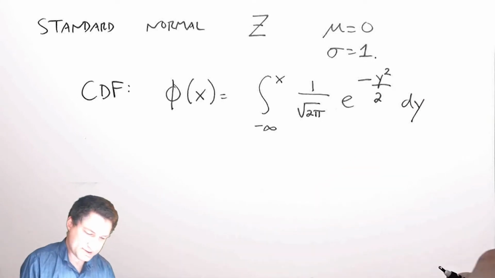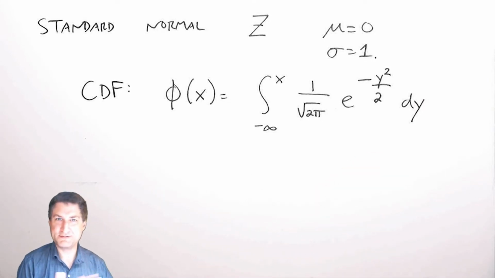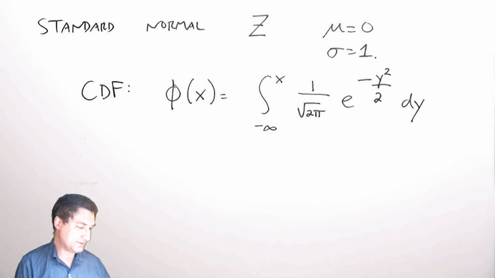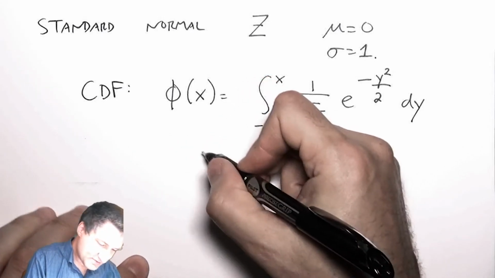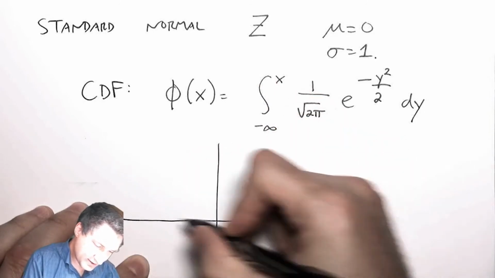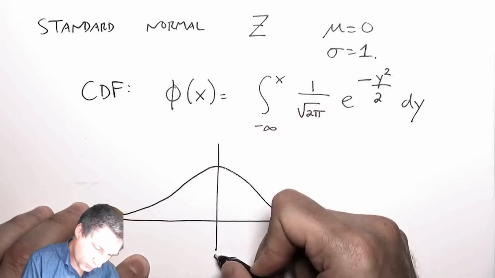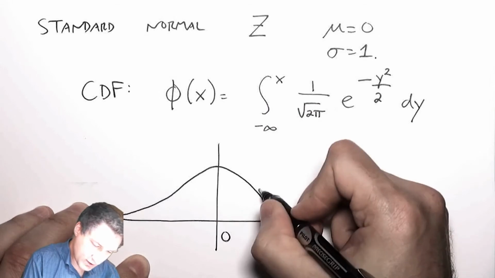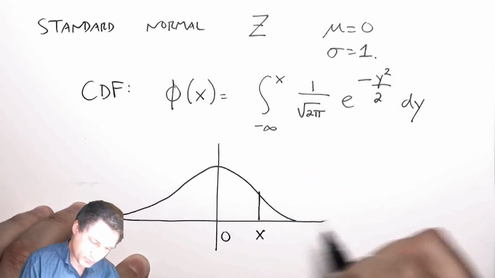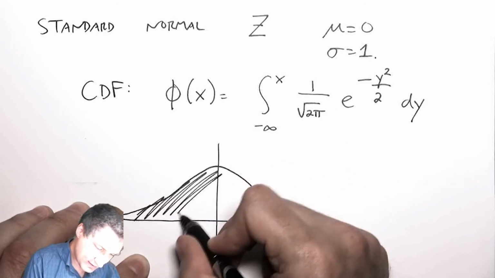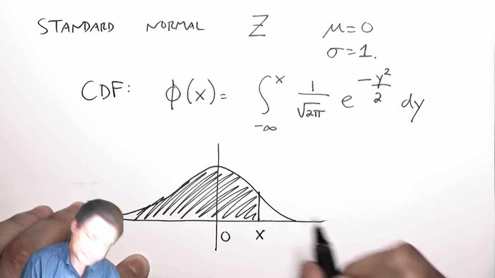And so this has a bunch of tables. If you look in old math books, and again, now that everything is computerized, you can do this in MATLAB. And again, what does this represent? This represents the area under the Gaussian PDF when mu equals 0 up to some certain point x. So it's basically this value.